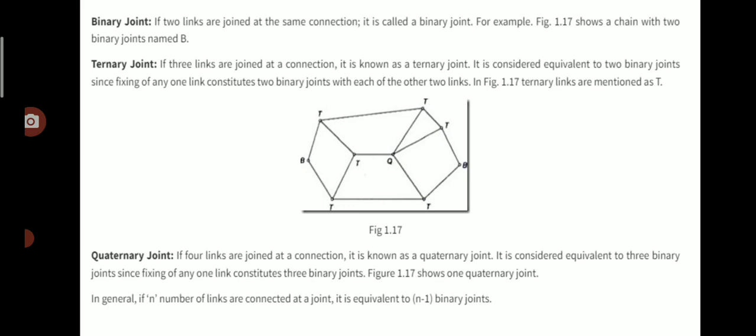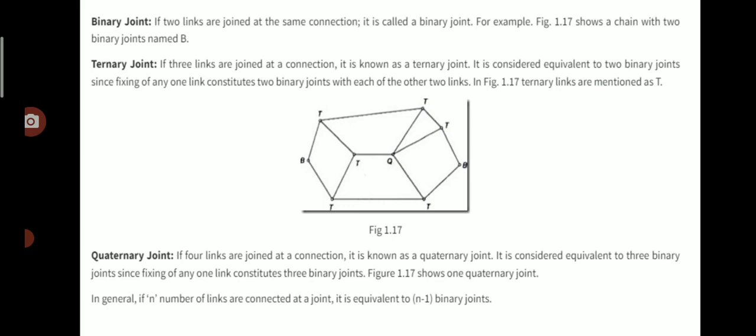If three links are joined at a connection, it is known as a ternary joint. It is considered equivalent to two binary joints, since fixing any one link constitutes two binary joints with the other two links. So in this following figure you will see that joint T is the example of a ternary joint. And quaternary joint: if four links are joined at a connection, it is known as a quaternary joint.